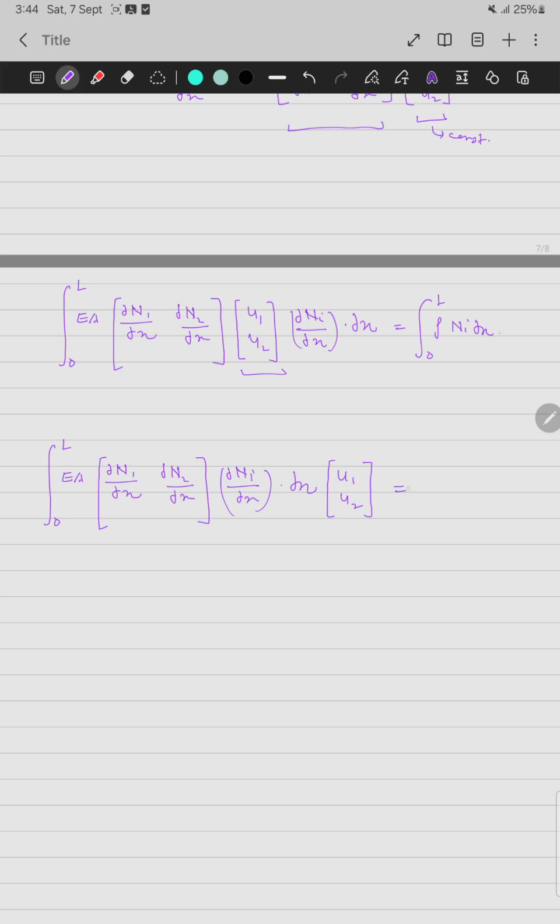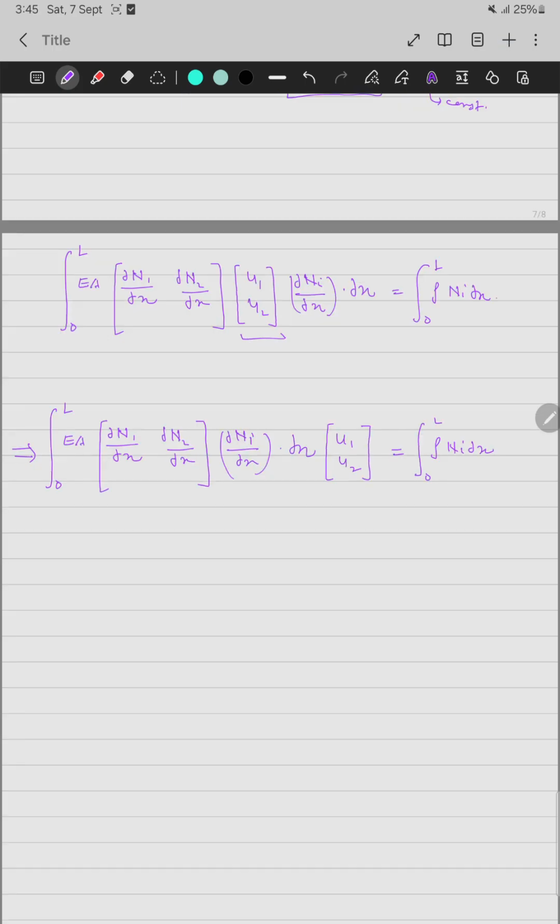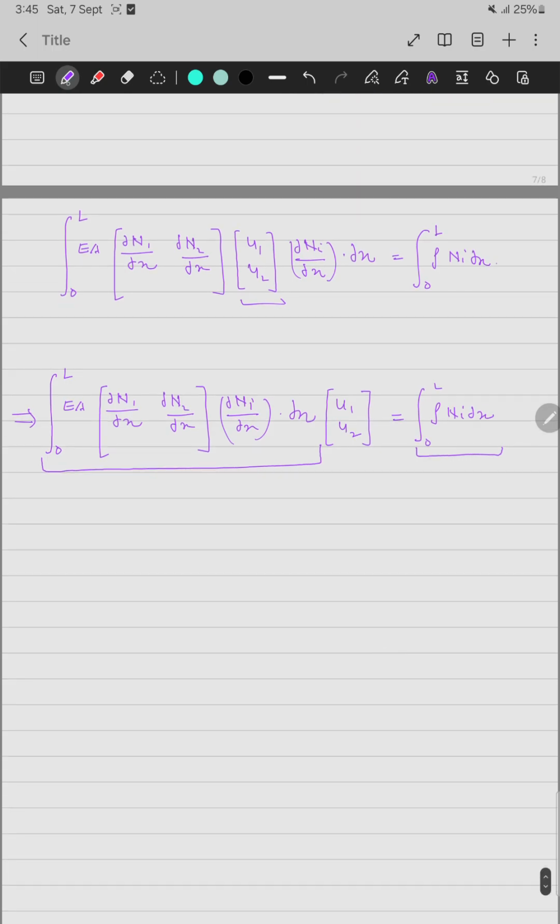Now we can write this equation as it is, 0 to L rho Ni dx. So we have this equation. We have to integrate this term and we'll get something, and we have to integrate this term and we'll get something. So from here we can say that this is our stiffness matrix, and this is our nodal force.